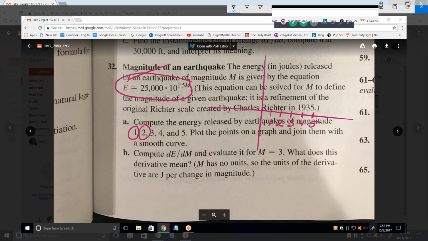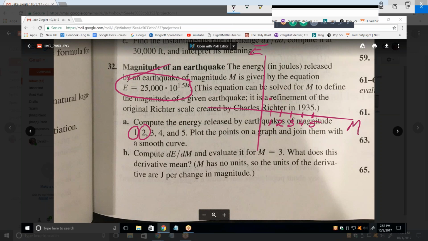So this might not be a straight logarithmic, might not be the natural log of m that I'm going to calculate here. But you can see the horizontal axis is m. The vertical axis is going to be E. And actually, this is going to be exponential in nature. When I have a magnitude 1, it's 25,000 times 10 to the 1.5.